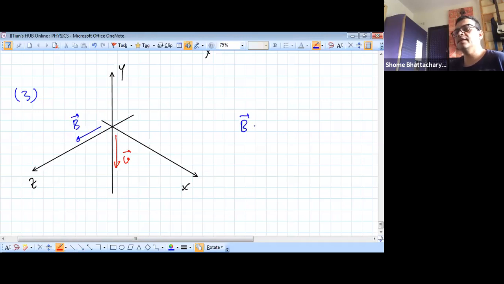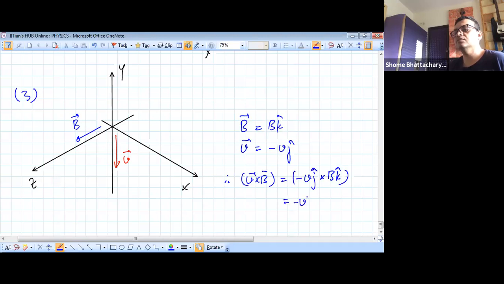So B you can write as some magnitude times k cap, whereas velocity will be minus V j cap. Okay, so therefore V cross B you can see is minus V j cap cross B k cap. So it is minus VB j cross k, which is minus i.